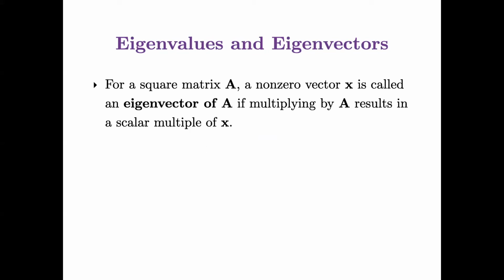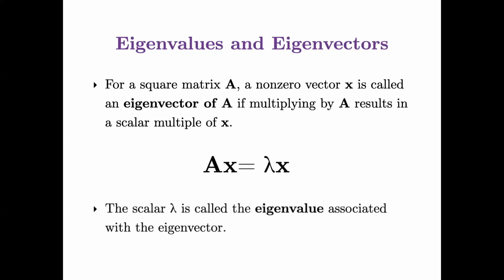So for a square matrix A, a non-zero vector x is called an eigenvector of A if multiplying by A results in a scalar multiple of x. So this is the very famous eigenvalue equation: A times x is equal to some scalar, lambda, times x. That scalar, lambda, is called the eigenvalue associated with this eigenvector.